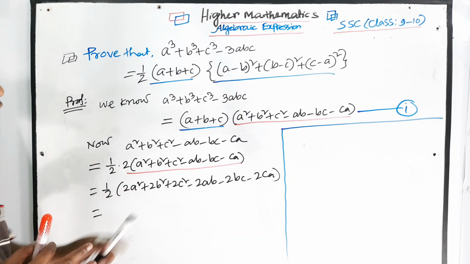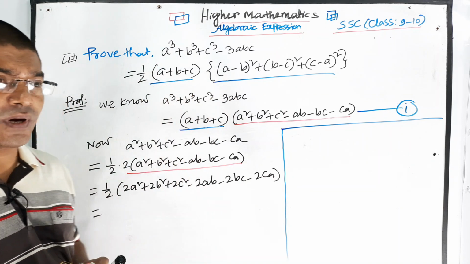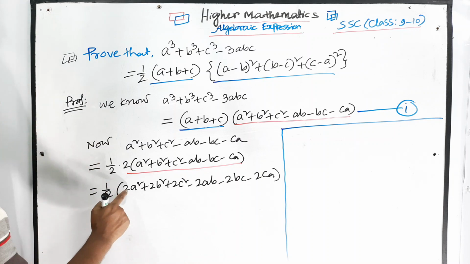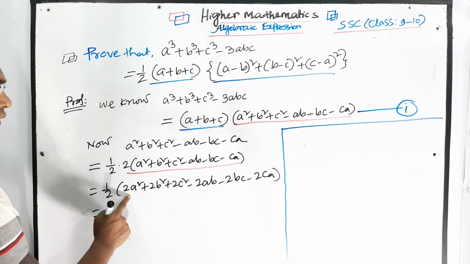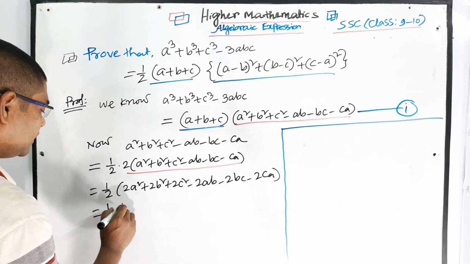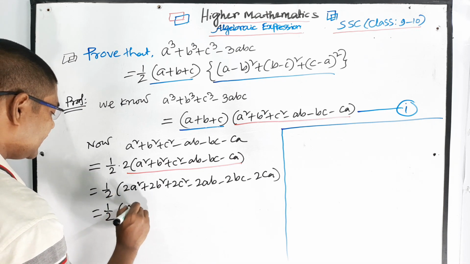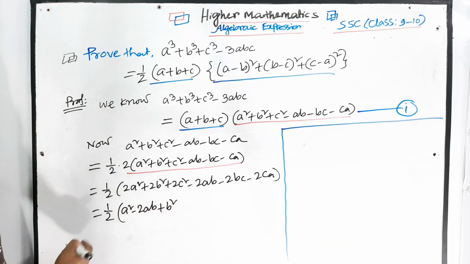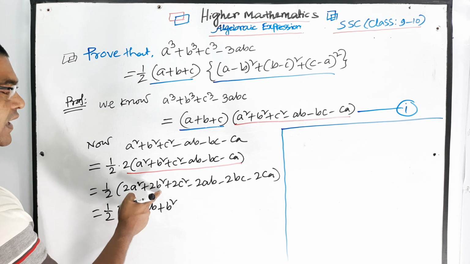Now we can easily make (a minus b) whole square. So follow, you can see here is half, 2a square. So take a square minus twice ab plus b square, then 2b square, 2c square.